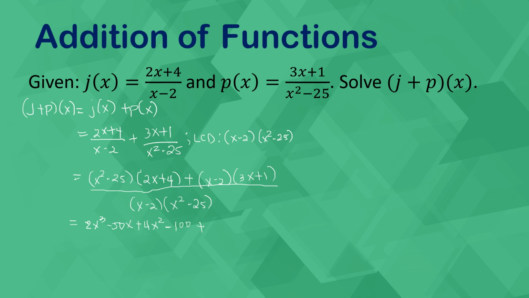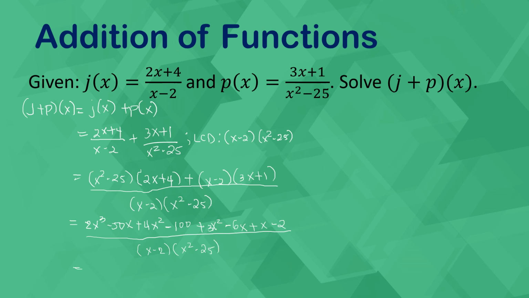Plus, we have here 3x squared, negative 2 times 3x is negative 6x. X times 1 is x. And negative 2 times 1 is negative 2 over x minus 2 over x squared minus 25.